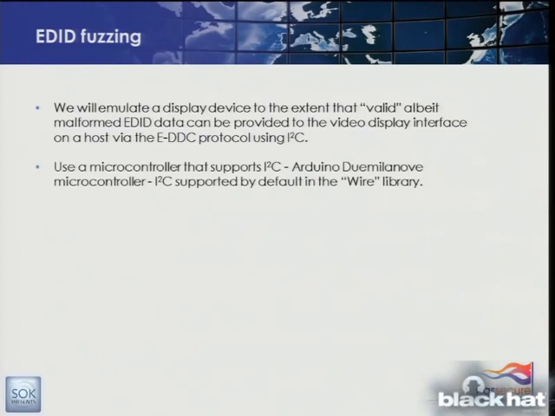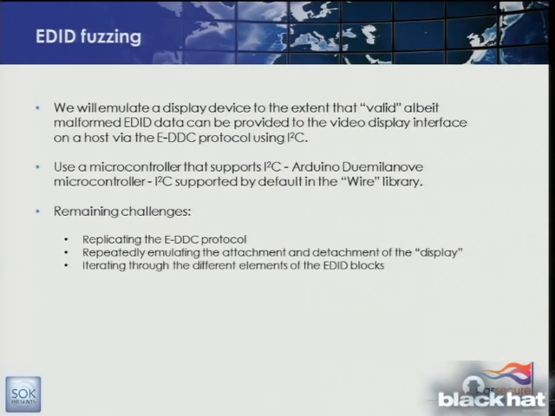So the solution that I came up with was using a microcontroller, the Arduino Duemilanove, and this was purely down to the fact that some of the USB research that I'd been doing, I'd used one of these and I had one lying around handy. And also, quite usefully, the I2C bus is supported by default in a library called Wire.